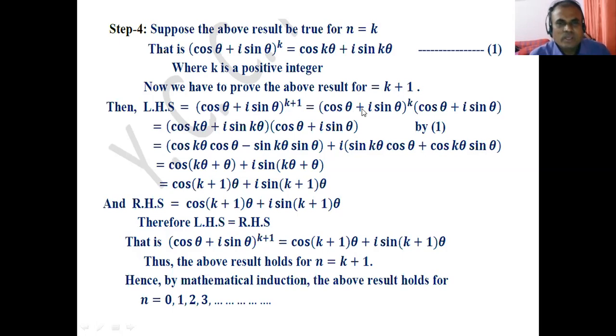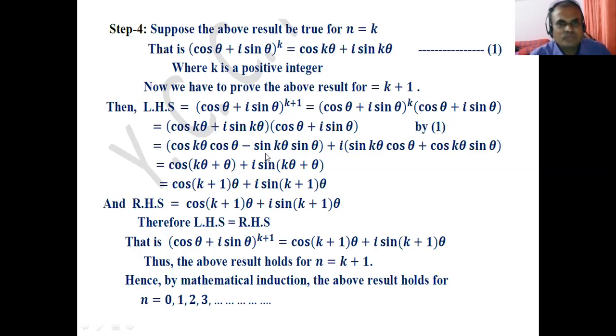Here k is a positive integer, so the theorem is assumed true; our assumption is equation 1. We use this value here. So by equation 1, it equals (cos of k theta plus i sin of k theta) into another bracket (cos theta plus i sin theta).